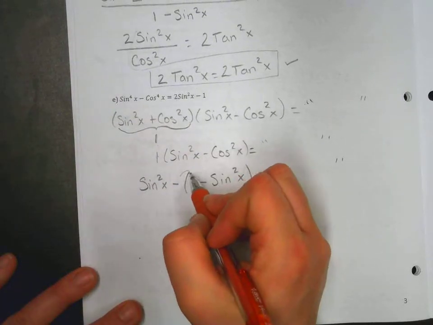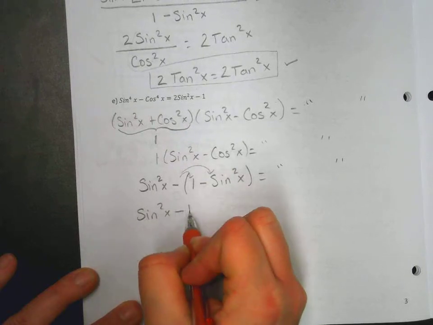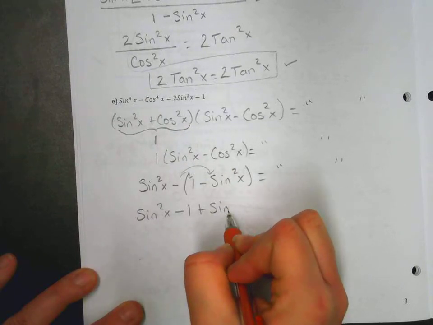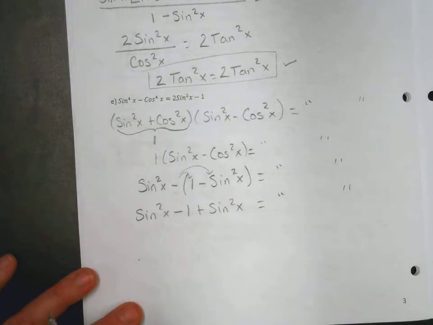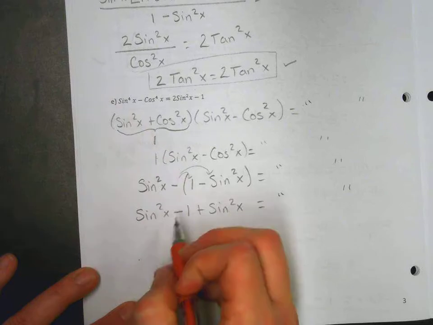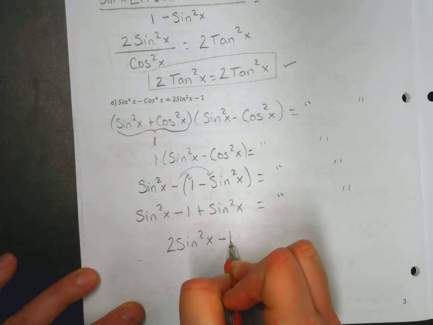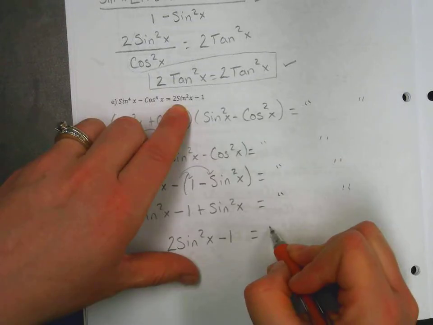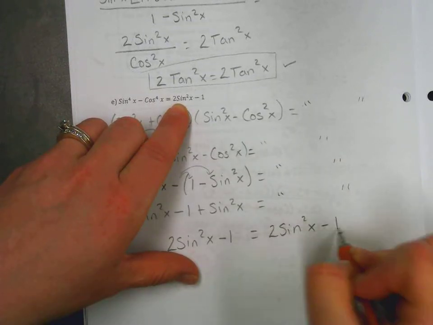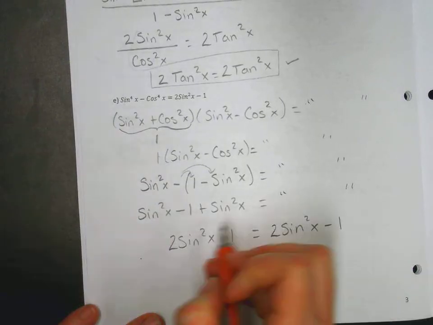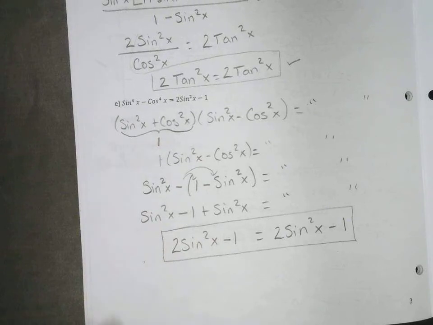I'm going to run my negative through my brackets. Still the same. And so look what I end up with. I have 2 sine squared x minus 1, and that is going to equal what I have at the very top. So again, I did not manipulate the right side at all. I only manipulated the left side. And then there's my identity.